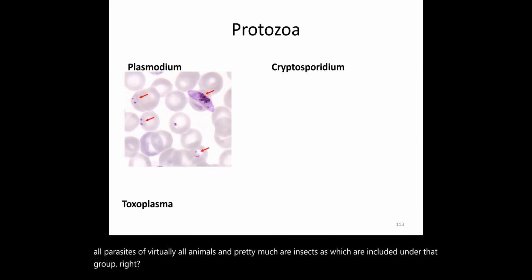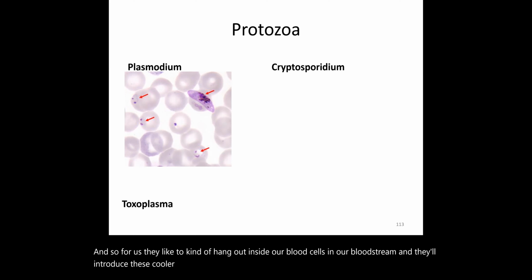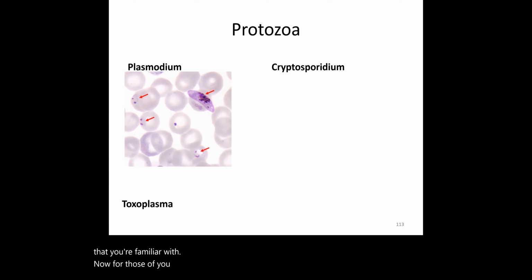And for us, they like to hang out inside our blood cells and our bloodstream, and they introduce these trophozoite stages, which is what you're seeing inside the blood cells here. They basically rupture our blood cells, which is what leads to the disease of malaria that you're familiar with. Now, this particular parasite is transmitted through mosquitoes, specifically female mosquitoes, which are the ones that do the biting.